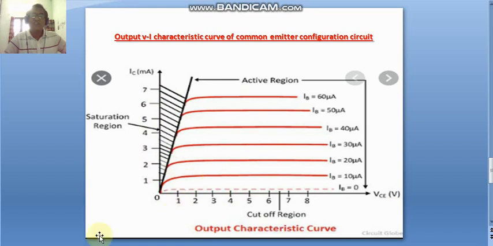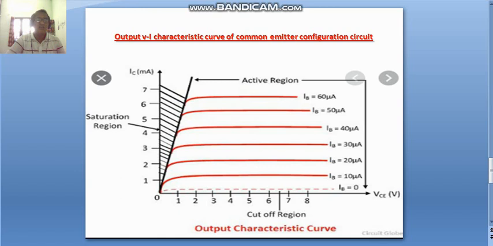If we plot a graph, we get different IB values for different VI curves. This region is known as the active region and this region is known as the saturation region. So this is the explanation of the output VI characteristic curve in common emitter configuration.